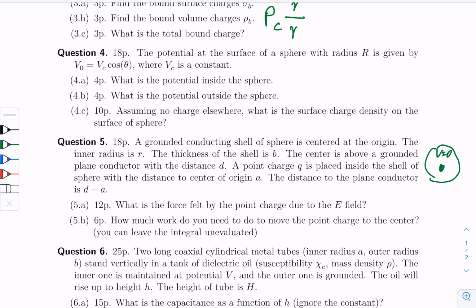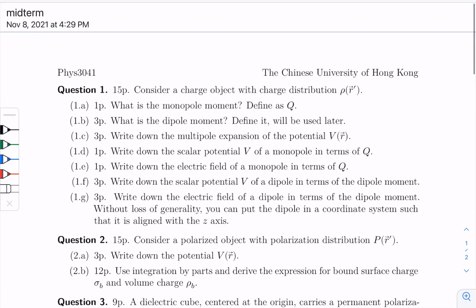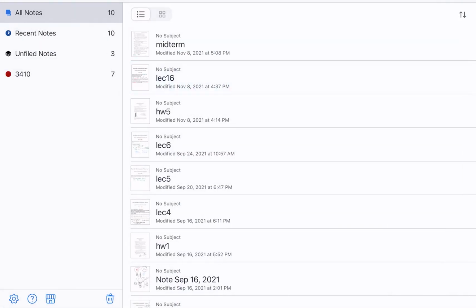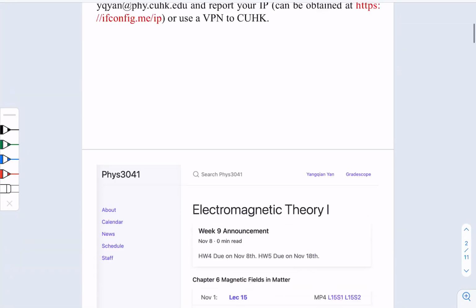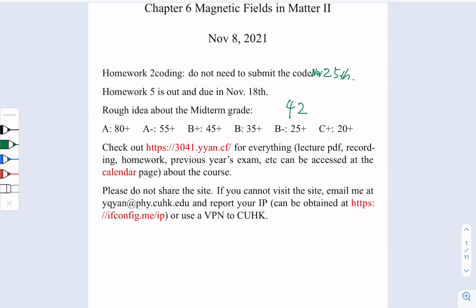Okay, that's pretty much all I want to say about the midterms and also the finals. The final for this lecture for the 3041 will be on December the 10th.